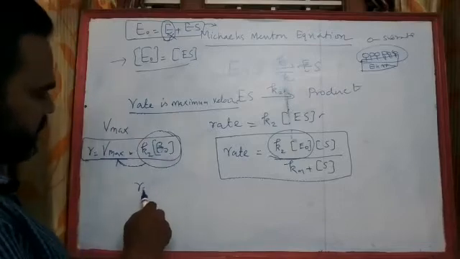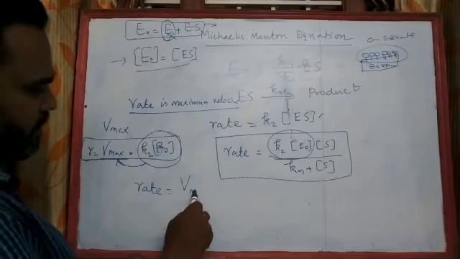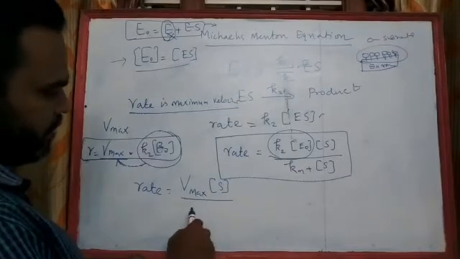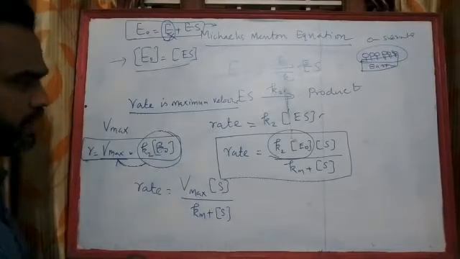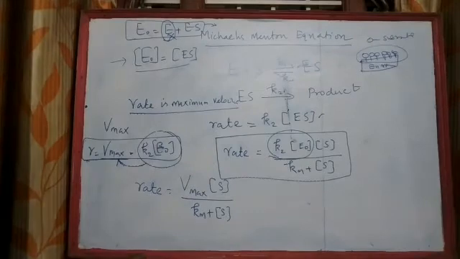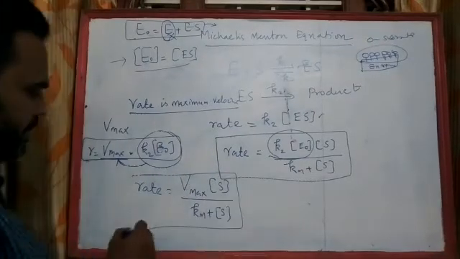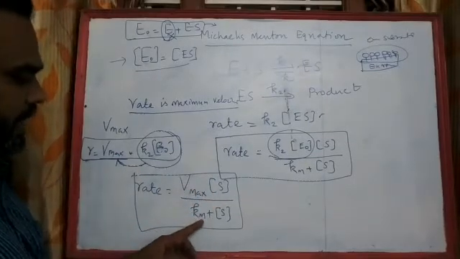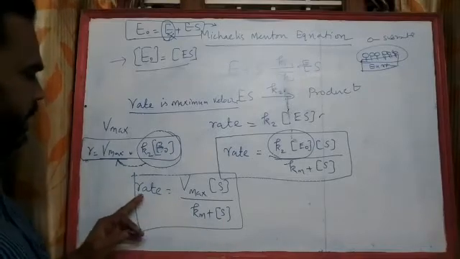Now the rate of the enzyme catalyzed reaction changes to Vmax times the concentration of S divided by Km plus S. So the Michaelis-Menten equation is modified as Vmax S divided by Km plus S at its maximum speed.